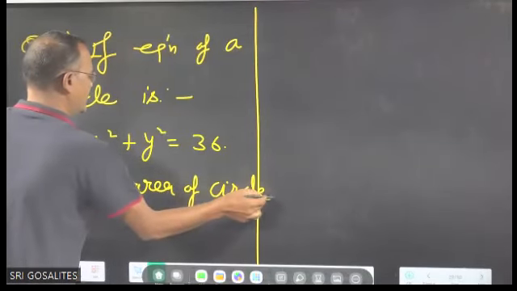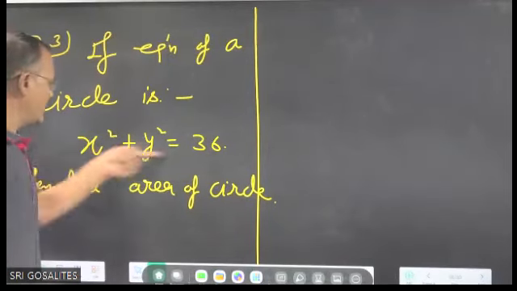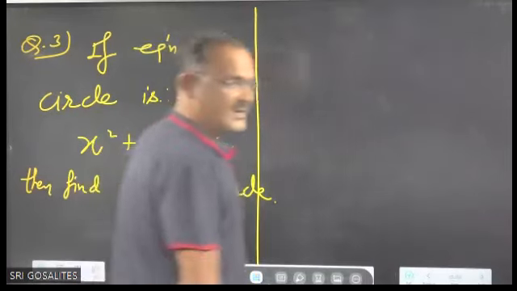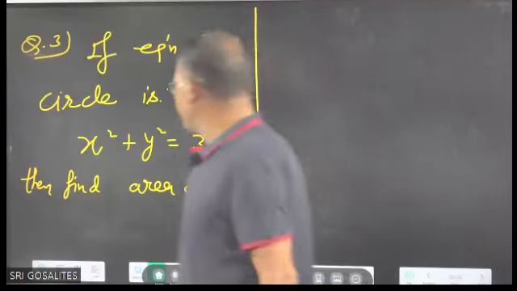Come on. If it is the equation of a circle, then what is its area? Solve everyone. Equation क्या होता है? X square plus y square is equals to r square. So get the r first by the comparison.